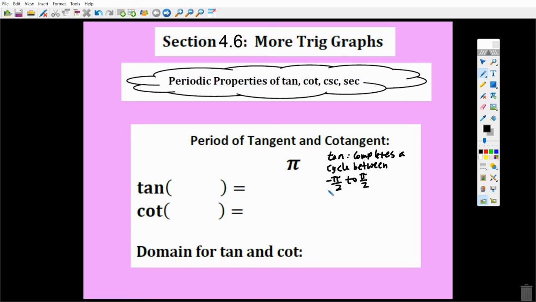If you were to count from negative pi over 2 to pi over 2, that distance is equivalent to pi. So a period of tangent and cotangent completes a cycle at pi distance, but in this case, tangent starts at negative pi over 2 and ends at pi over 2, okay? So even though this completes a cycle between negative pi over 2 and pi over 2, this is a whole cycle of pi.